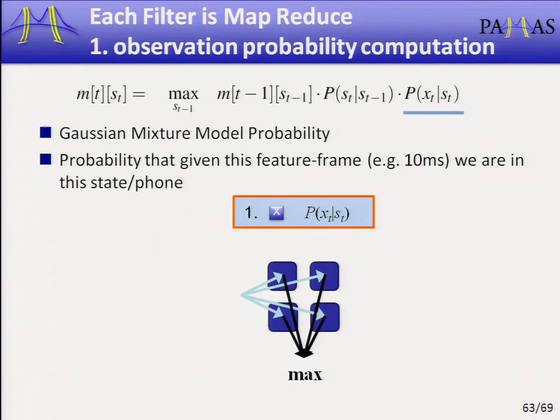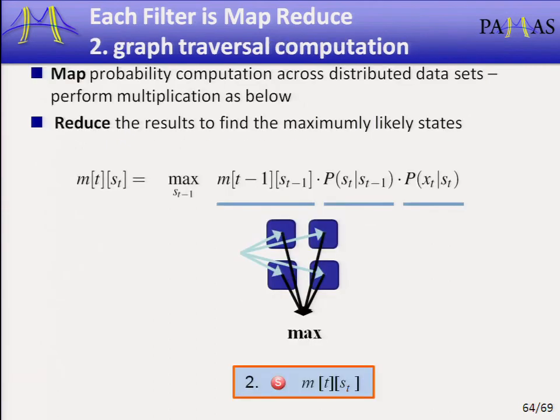Okay, so for the current probability, this is just a Gaussian mixture model probability, which again can be computed basically in a MapReduce style. We fit these Gaussians and then we reduce it down to the best fit. And then in terms of the next step in the frontier, we're trying to compute the maximum probabilities among all the different places we might go on seeing this next observation.